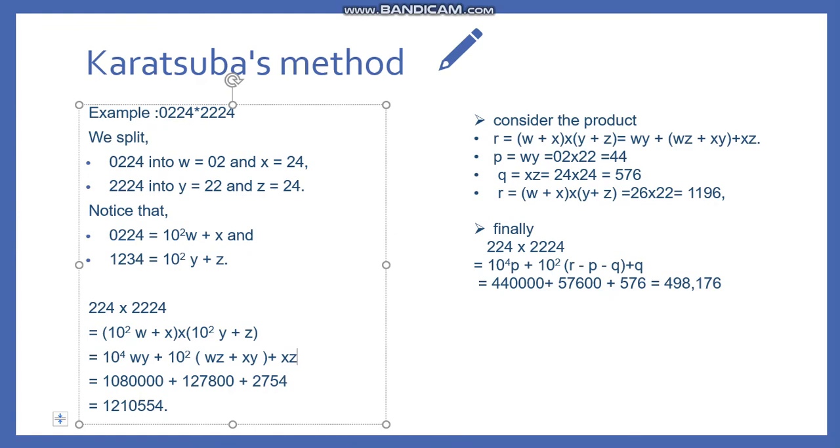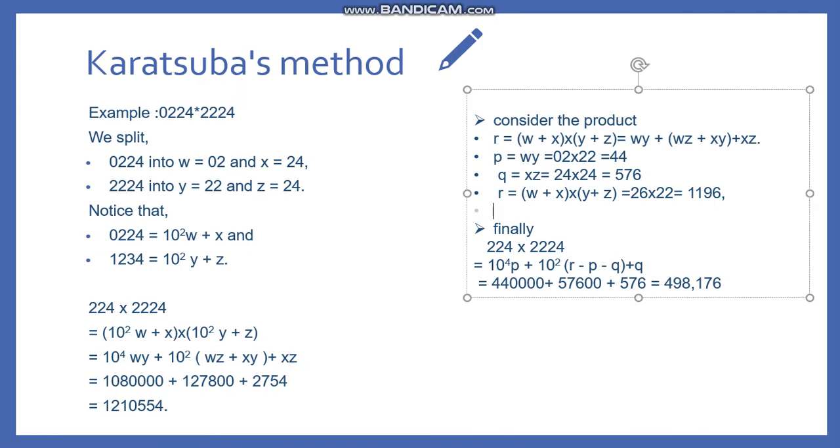But from this equation we can see that we don't require these two multiplications separately; we require only the sum of these two multiplications. So we need to reduce these two multiplications to one multiplication. How can we do this? Here r is w plus x cross y plus z, and from that we can generate this formula.